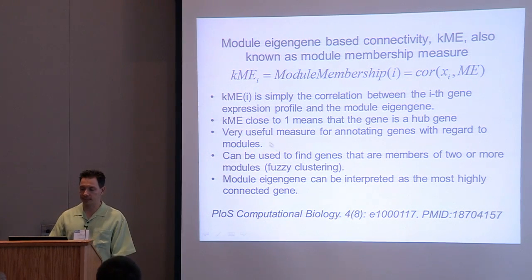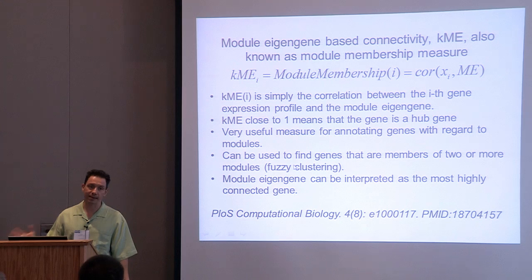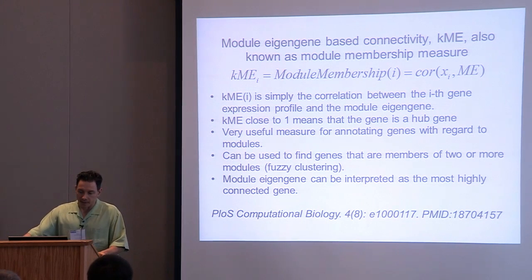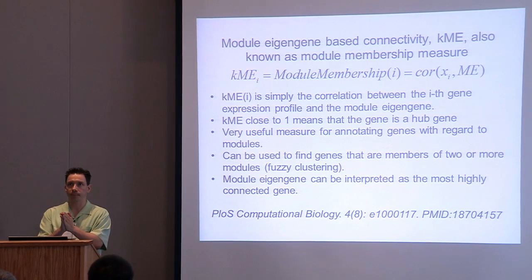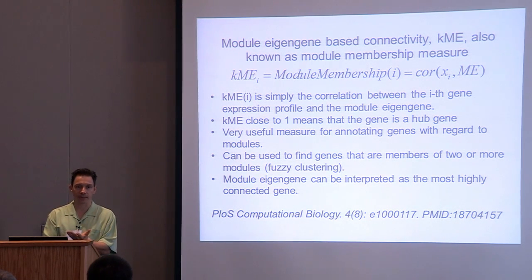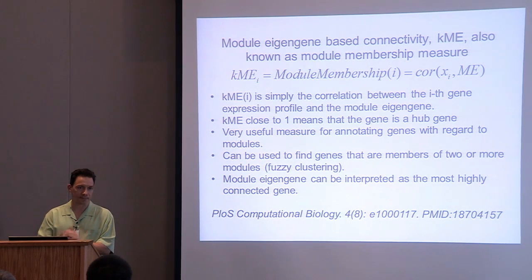And so in statistics, there's a terminology called fuzzy clustering. So I often get this question from audience members. Is it the case that a gene can only be part of one module at a time? And that question really requires a complex answer.